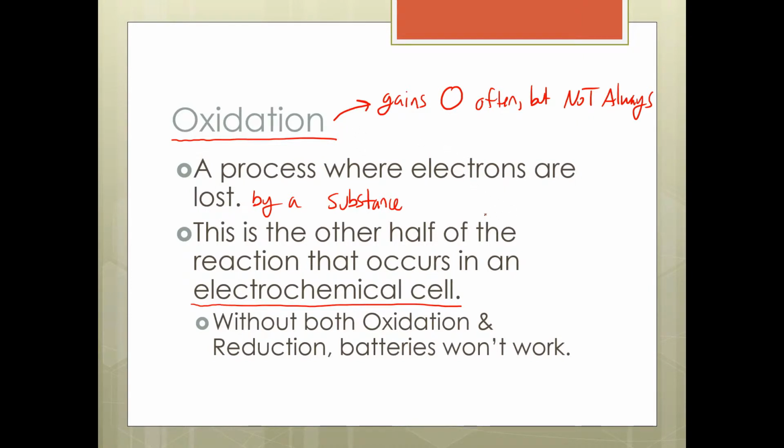Take for example iron oxide, or I guess iron 2 oxide. No, iron 3 oxide. This is rust, and this is the oxidized iron. When iron gives up electrons, it has the ability to absorb oxygen ions.